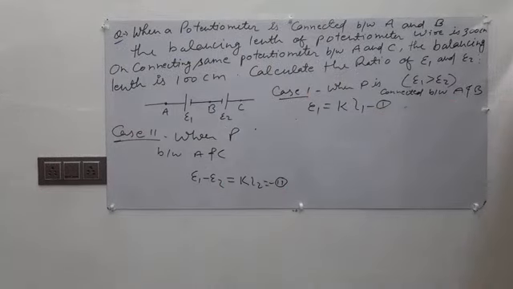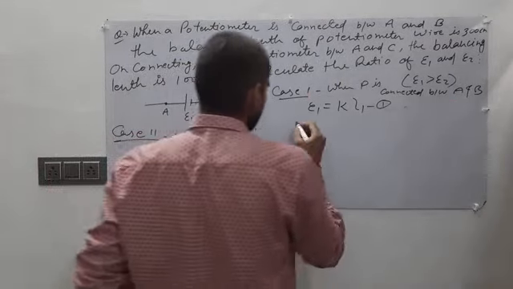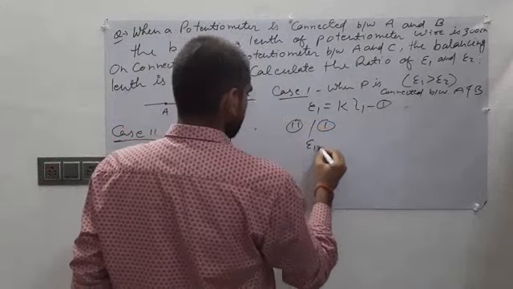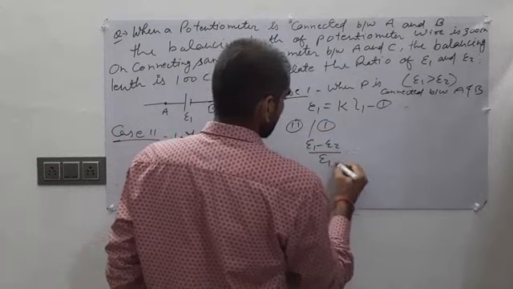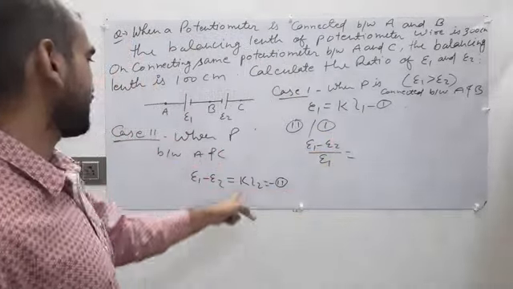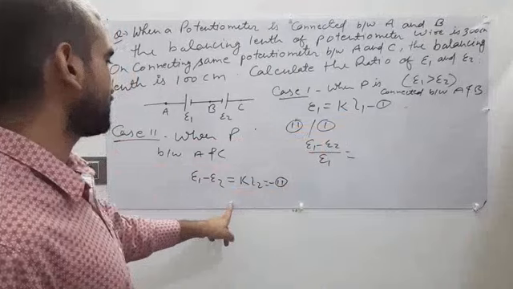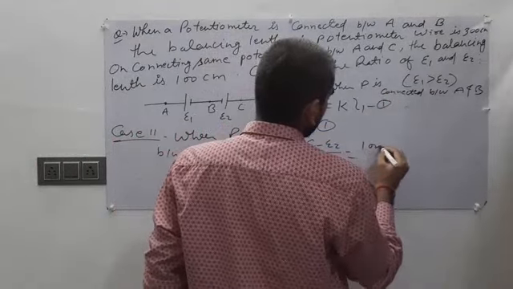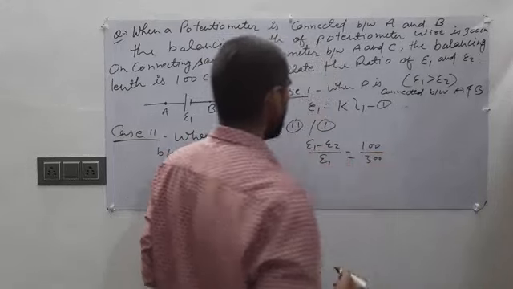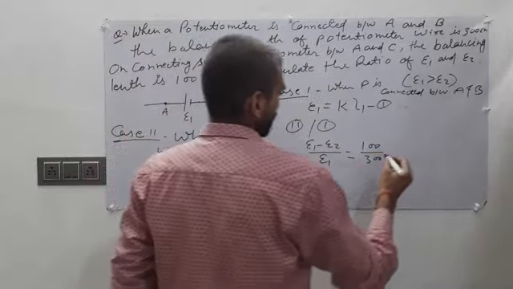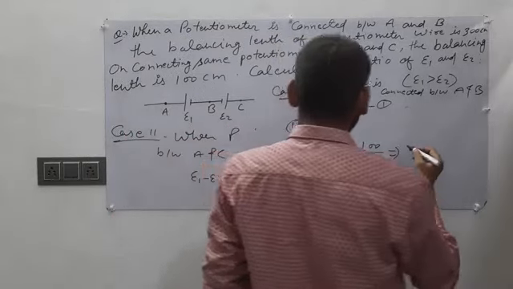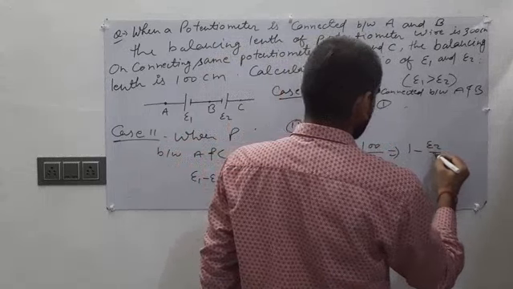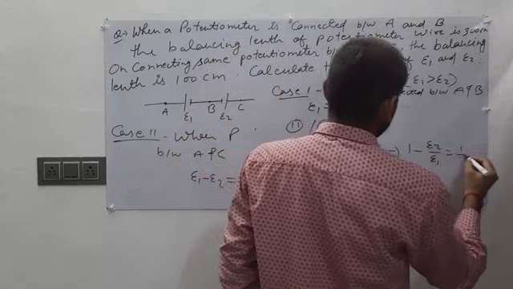Now equation number 2 divided by equation number 1 will give (E1 minus E2) upon E1 equals K L2 upon K L1. Then K cancels and we get L2 upon L1, where L2 is 100 centimeter and L1 is 300 centimeter. So 1 minus E2 upon E1 equals 1 upon 3.